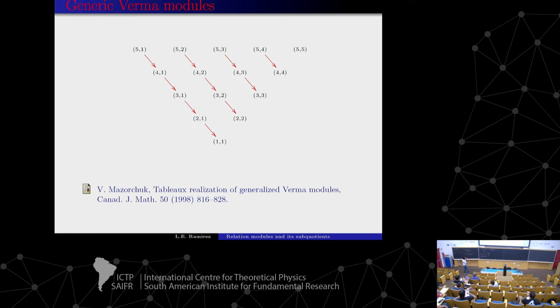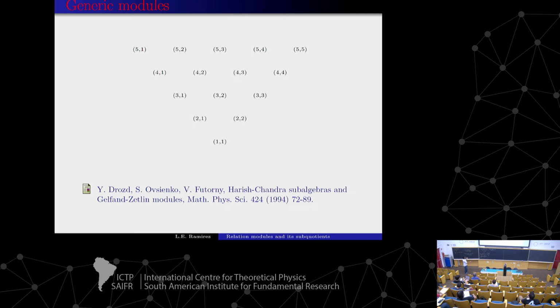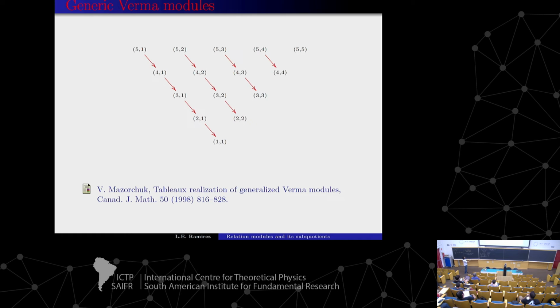Actually, when Mazorchuk studied this kind of models, he was studying the construction of generic models, and inside the generic models, he realized that it was possible to construct certain Verma models. Using our terminology, we can just describe this as diagonals going down. That's very nice. And this is, again, a family of models.